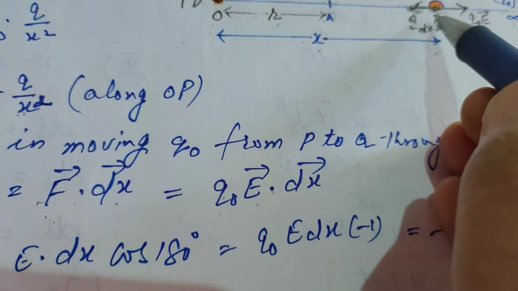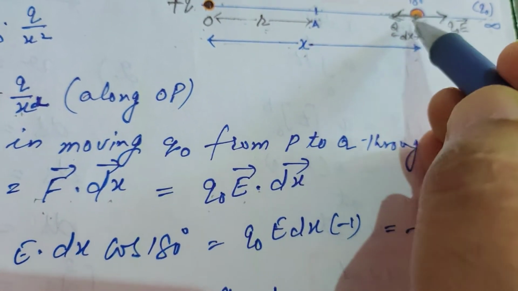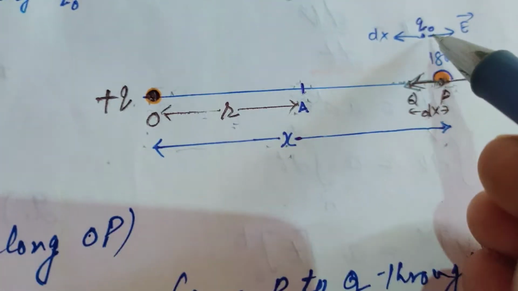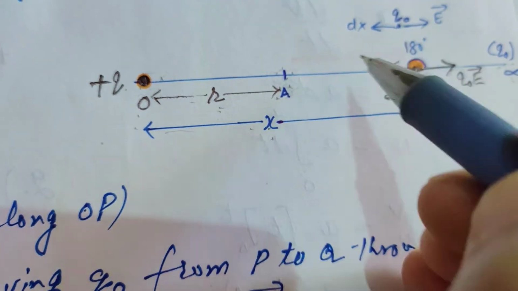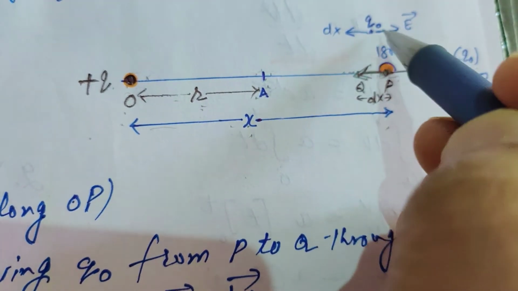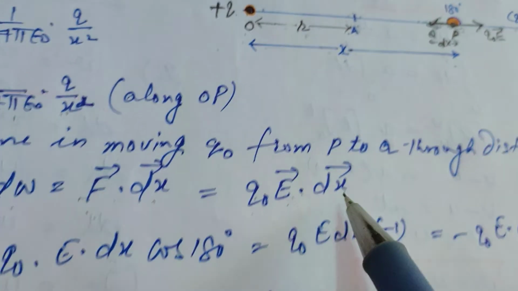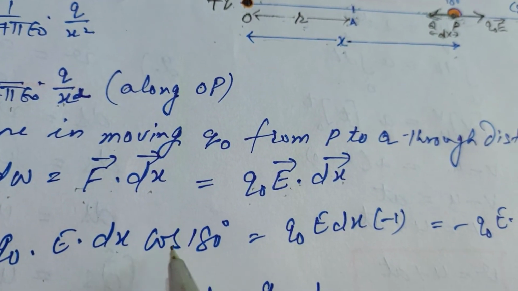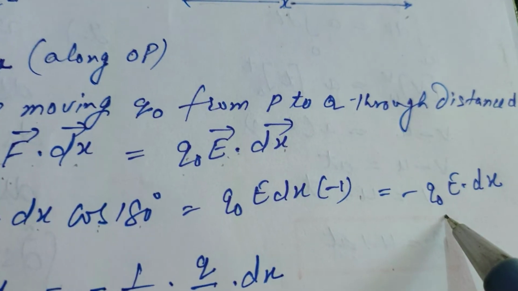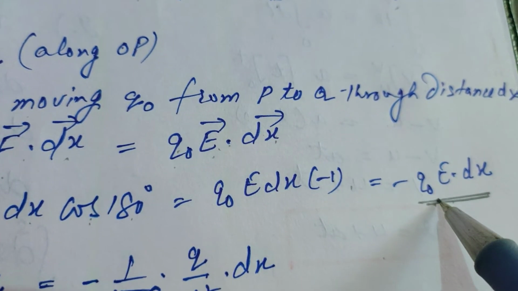Now electric field is in this direction, displacement is in this direction. So what is the angle between them? Electric field is O to P, dx is P to O. As they are in opposite direction, the total angle is 180. So A dot B is A magnitude, B magnitude into cos theta, and cos 180 is minus 1. So this is the small work done from P to Q.